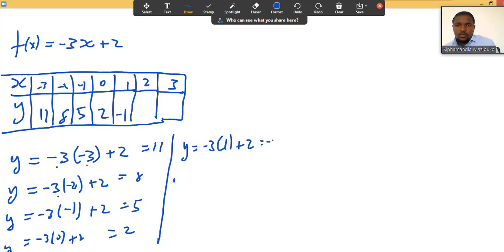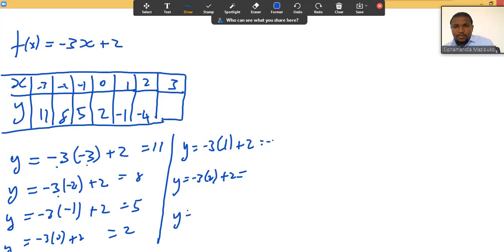And x equal to 2: minus 3 times 2 plus 2 is minus 6 plus 2, so minus 4.